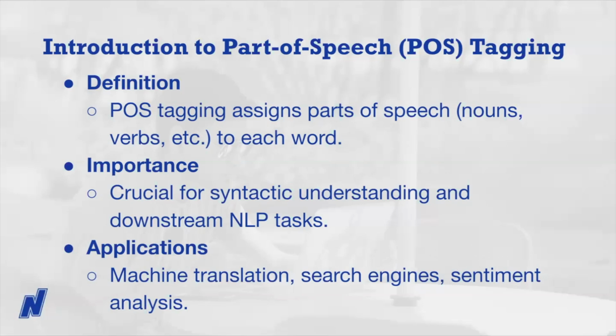POS tagging helps the system understand the grammatical structure and the semantics of each sentence. For instance, identifying which words are verbs helps the bot understand what action the user is trying to take or ask about, while recognizing nouns gives the bot an idea of what the user is talking about. Without POS tagging, it would be much harder for NLP systems to process language at a semantic level.